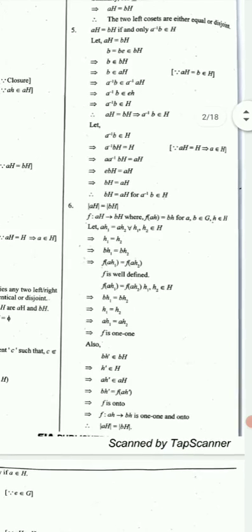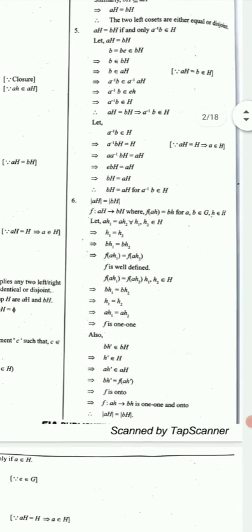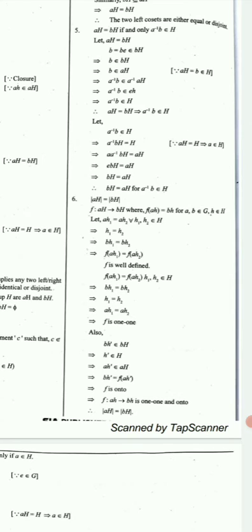Now on the left side the b gets cancelled, h1 equal to h2, that means f is 1-1. Also, if bh' belongs to bh, then h' belongs to h, that implies ah' belongs to ah, that implies f of ah' equals bh', that means f is onto. Therefore the function f from ah to bh is 1-1 and onto. Therefore the number of elements are equal.